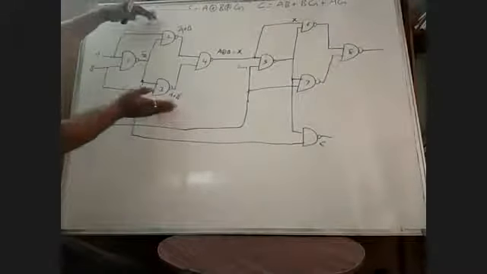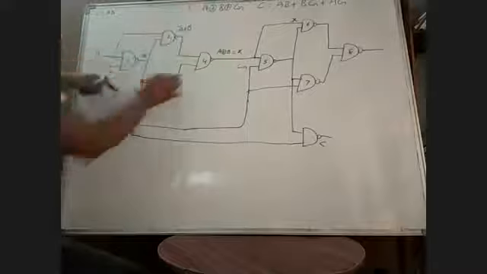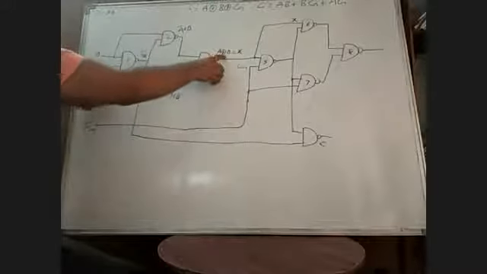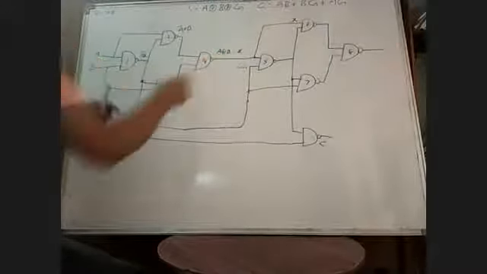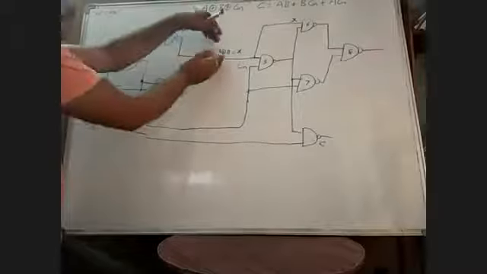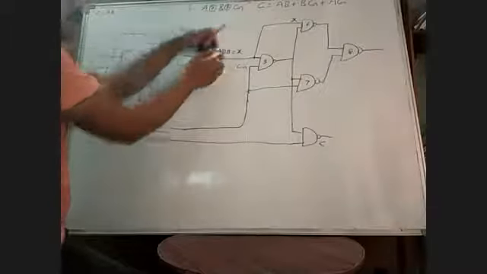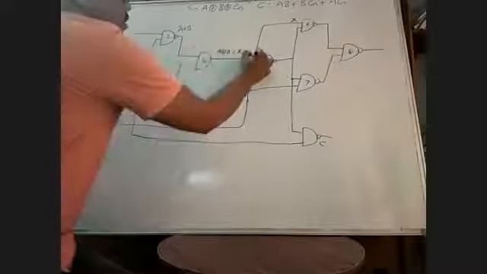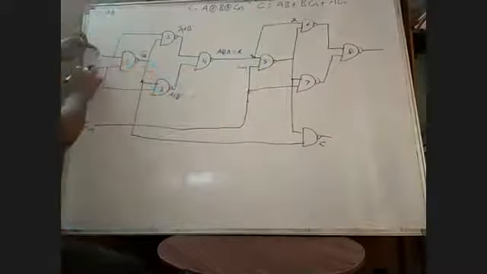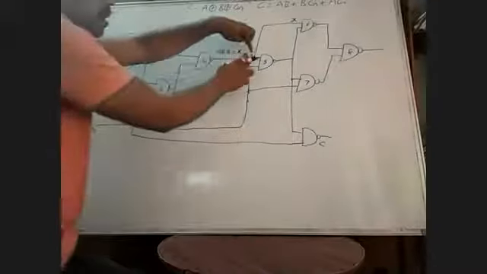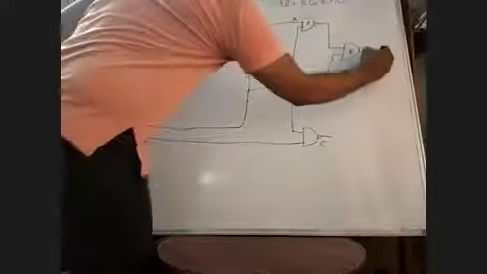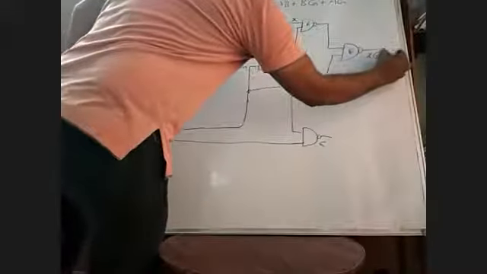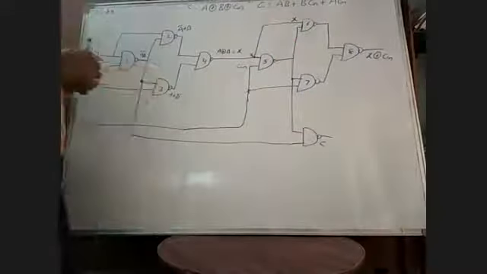First half adder. This is the first half adder. Output sum equals A exclusive OR B. We have assumed this as X. Now X and C in: A and B gave A exclusive OR B, so X and C in give X exclusive OR C in.